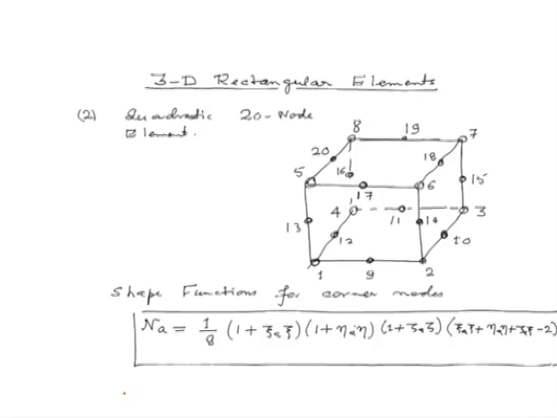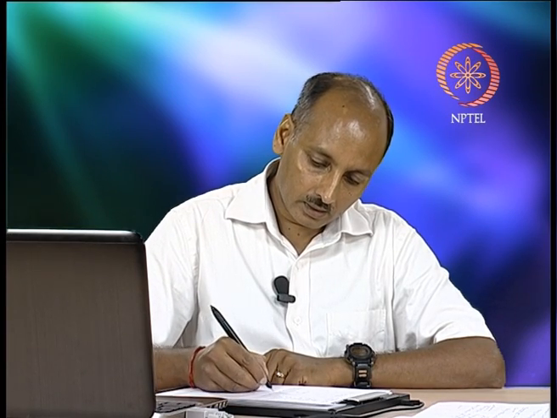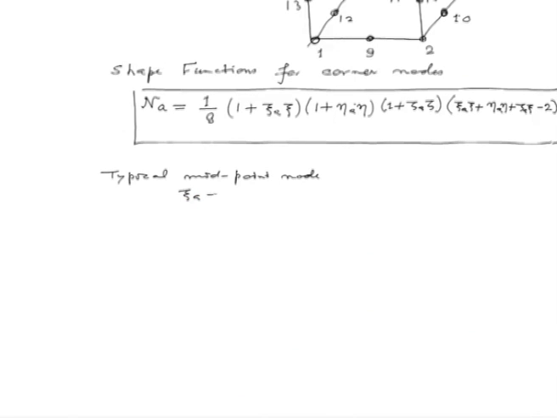Now, let us have a look at what would be the form for midpoint nodes. Let us take one typical case, and the remaining ones you can work out yourself. So, for a typical midpoint node, xi_a is equal to 0 and eta_a can take the value plus or minus 1. Similarly, zeta_a takes the value plus or minus 1.